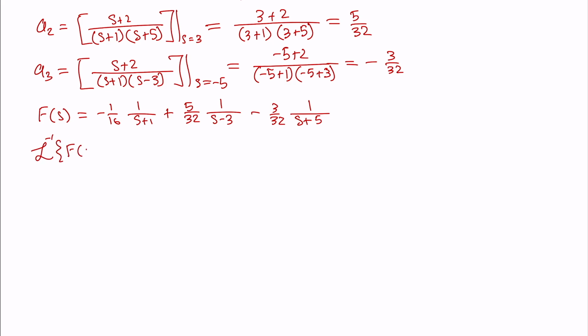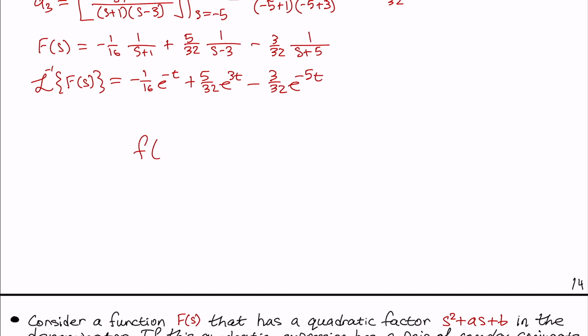Then the inverse Laplace transform of F(s) will be equal to -1/16 e^(-t) plus 5/32 e^(3t) plus, so actually minus 3/32 e^(-5t). Such that f(t) is equal to -1/16 e^(-t) + 5/32 e^(3t) - 3/32 e^(-5t).